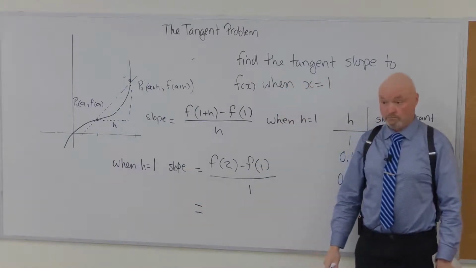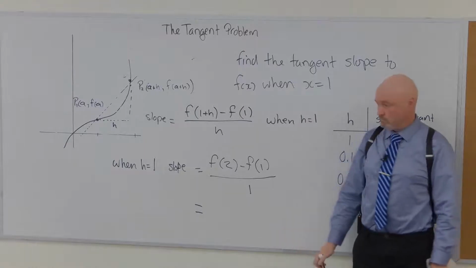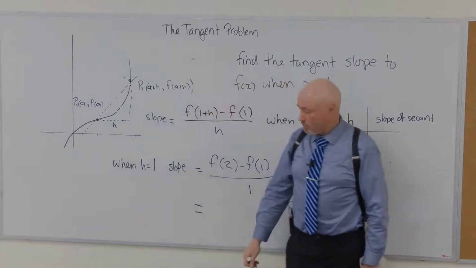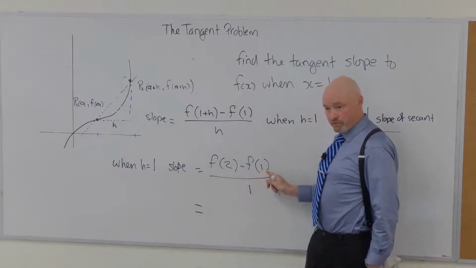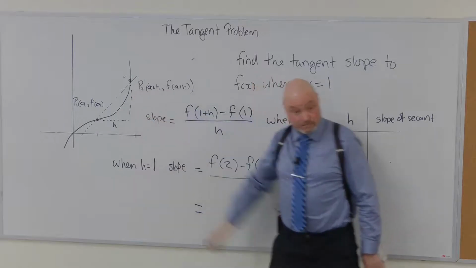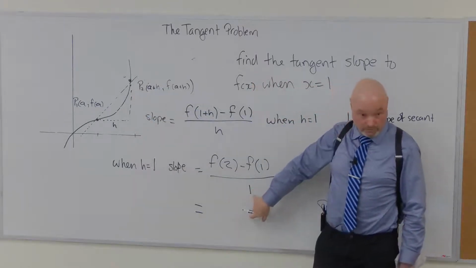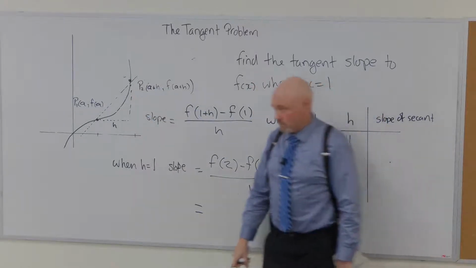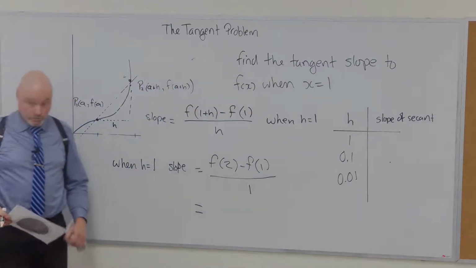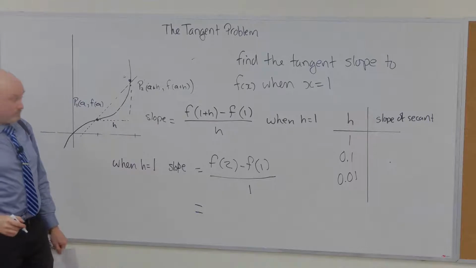Good so far? Making sense? h is 1, x is 1. We're going to calculate f at 2. We're going to subtract f at 1. That's going to give us our rise, and then we're going to divide by our run, which is just 1. So the function is 1/3 x cubed plus x.